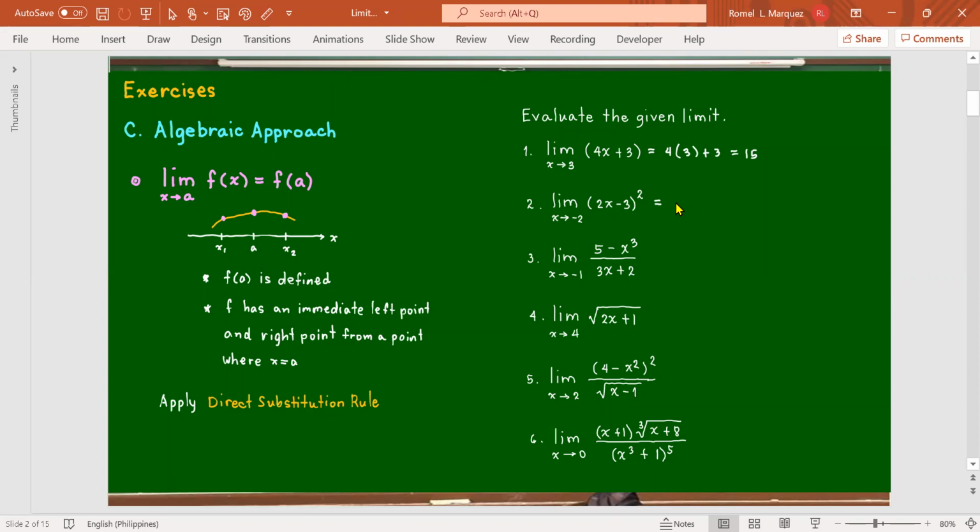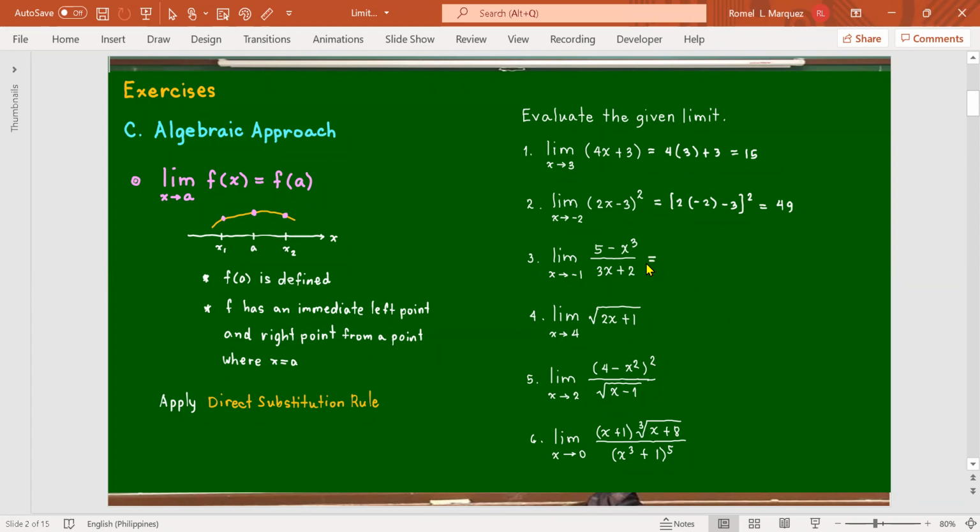So we can apply the direct substitution rule. So 2 times negative 2, then minus 3, quantity squared. What is this equal to, guys? What's the value? 49 po. 49. So that's the limit.